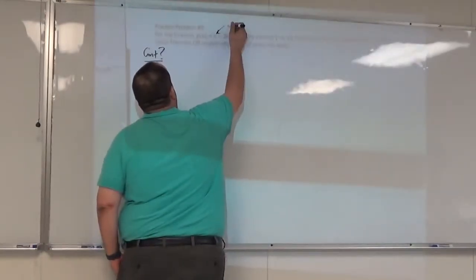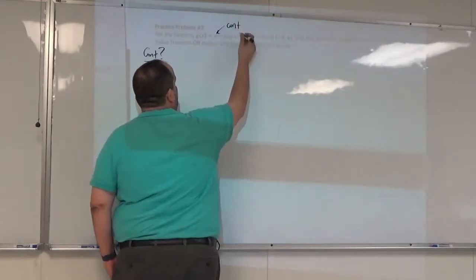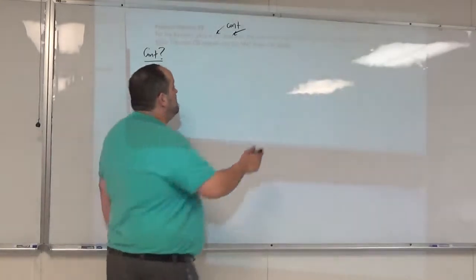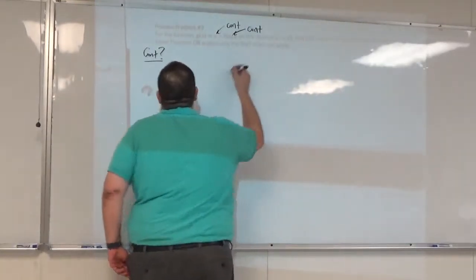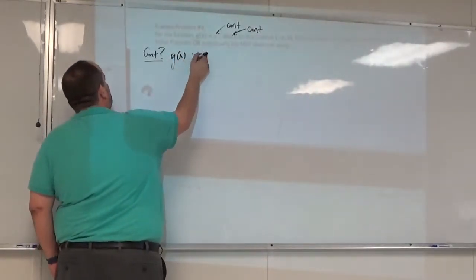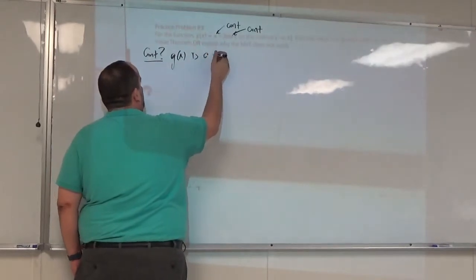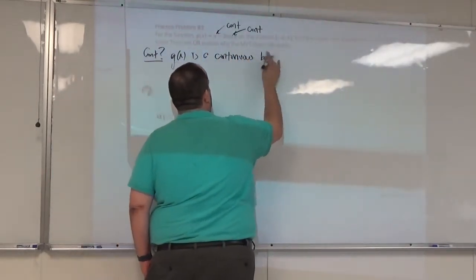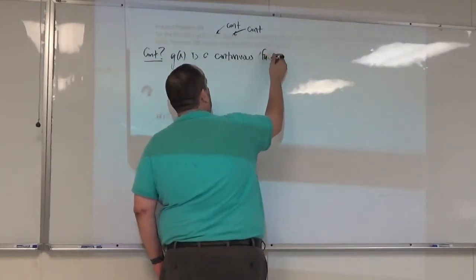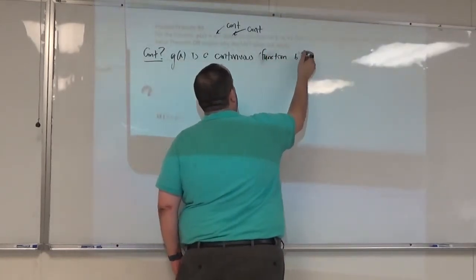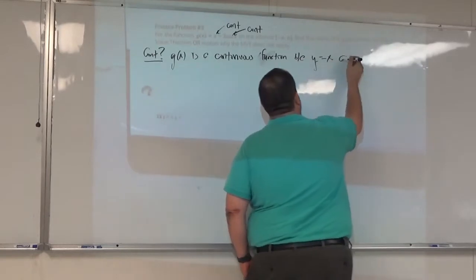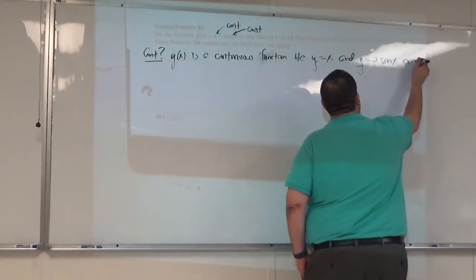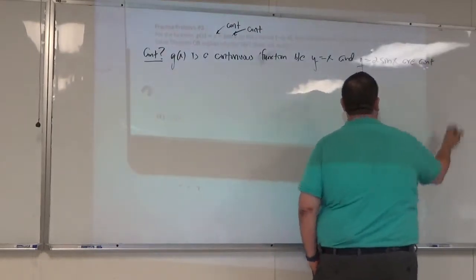You could also argue that the graph of x is continuous. What about the graph of sine of x? Known to be continuous. So I would say something like g is a continuous function because y equals x and y equals 2 sine of x are continuous.